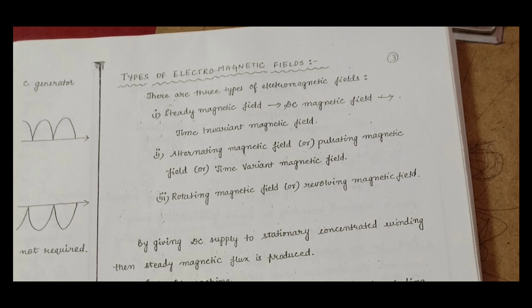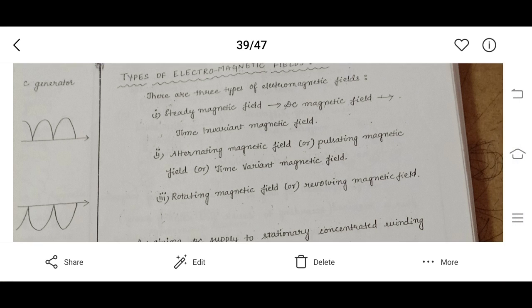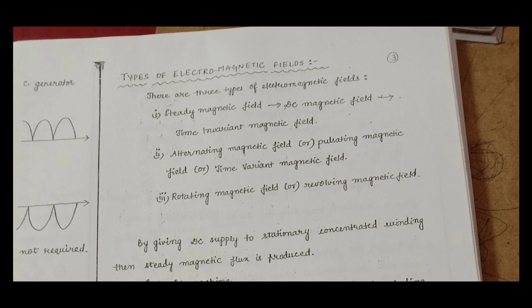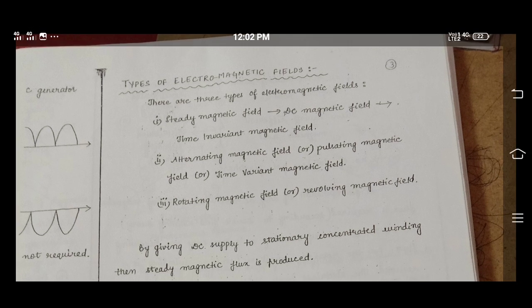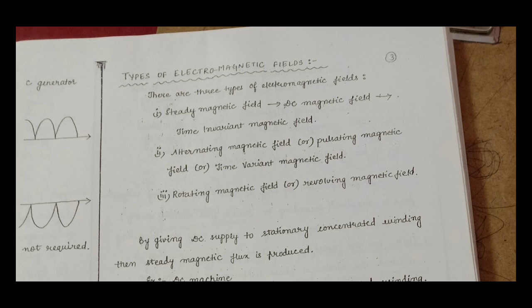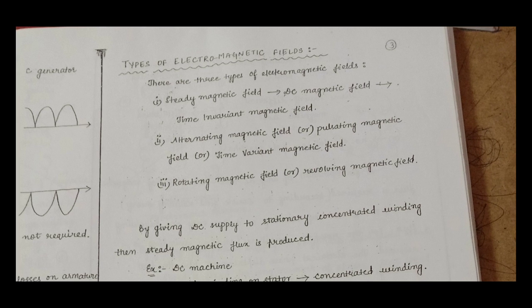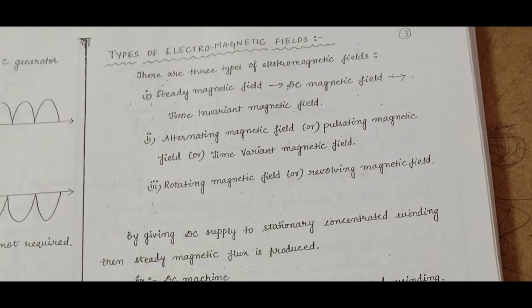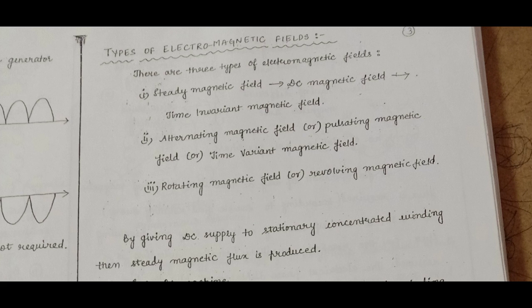There are three types of electromagnetic fields: steady magnetic field, also called DC magnetic field or time invariant magnetic field. The steady magnetic field is used in a DC machine.